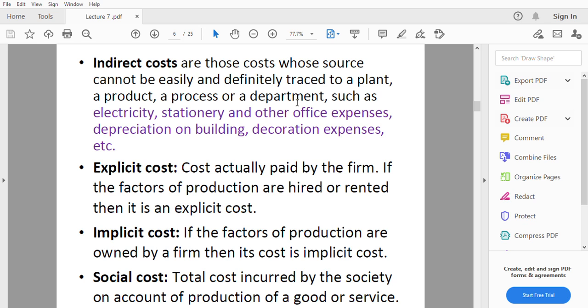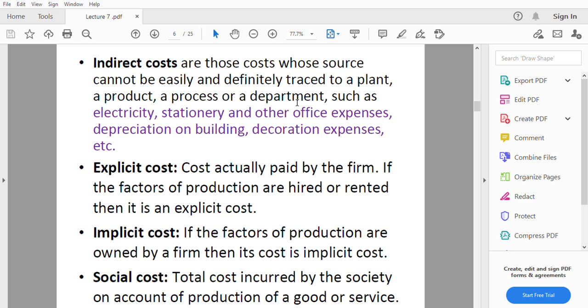And we have explicit cost. Explicit cost is cost actually paid by the firm. If the factors of production are hired or rented, then it is an explicit cost. How much did you pay for the capital? How much interest did you pay? How much rent did you pay? All these fall under explicit cost. And implicit costs, if the factors of production are owned by a firm, then its cost is implicit cost.